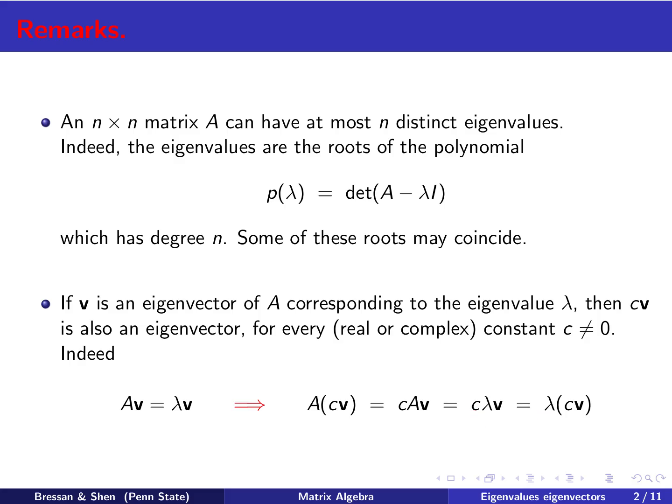We put lambda in the front and group C times V together as a vector. Now we have A times the vector CV equals lambda times CV, which shows that C times V is also an eigenvector, and it corresponds to the same eigenvalue lambda.